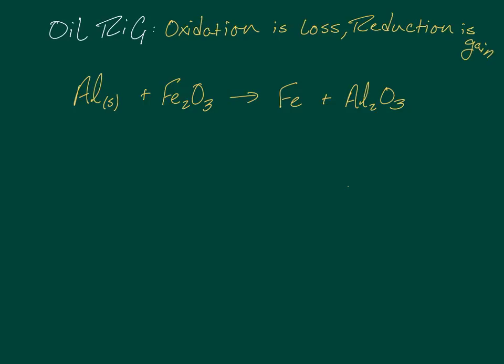And this is why. So aluminum, and I'm not going to draw all the shells, has 3 valence electrons in its outer shell. And it will give those electrons to the iron atom. When we look at this, we see iron is a 3 plus.